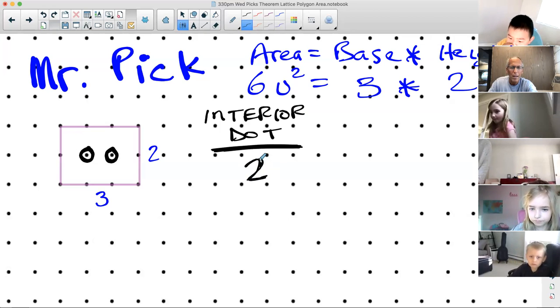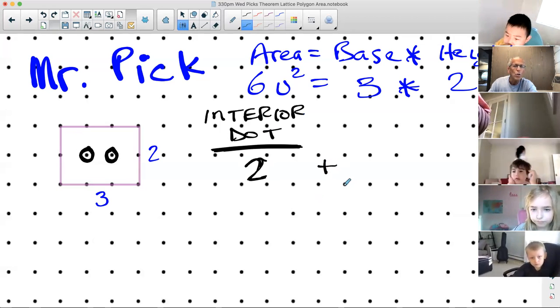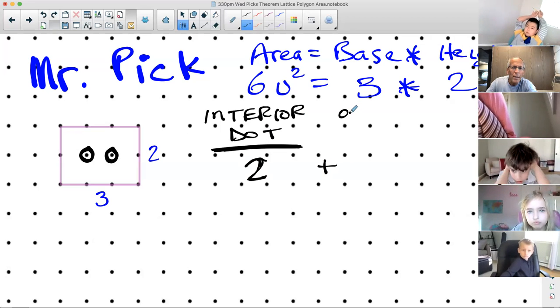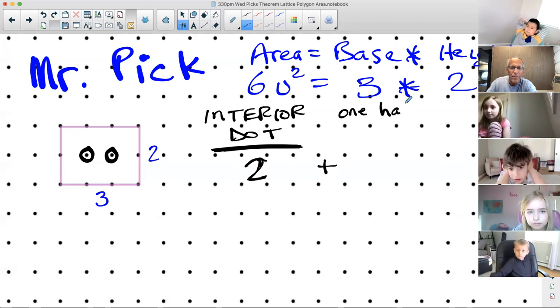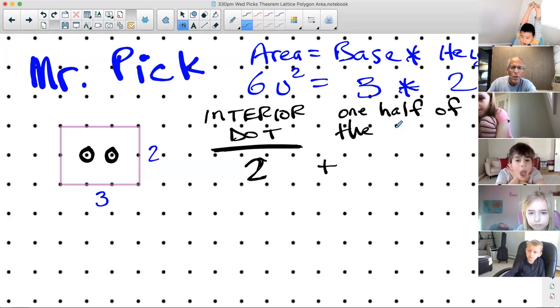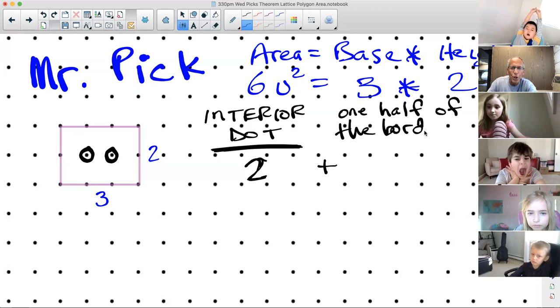Now, he then said, if we add that to 1/2 of the border dots.